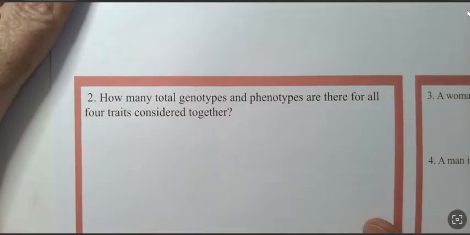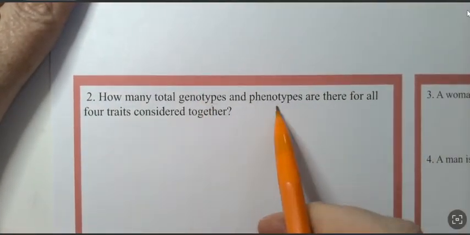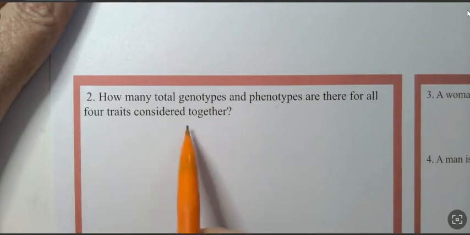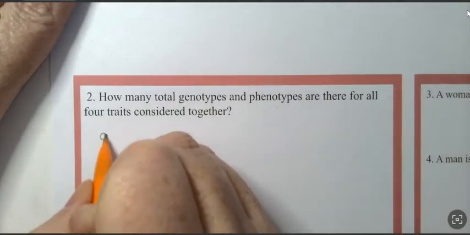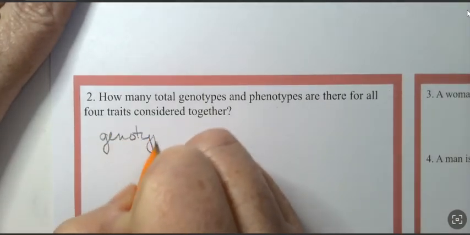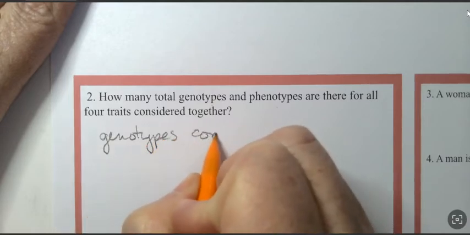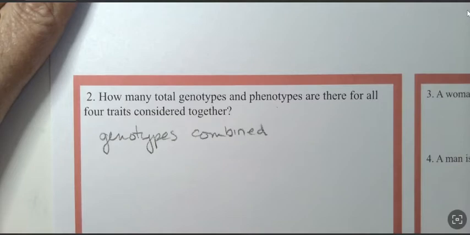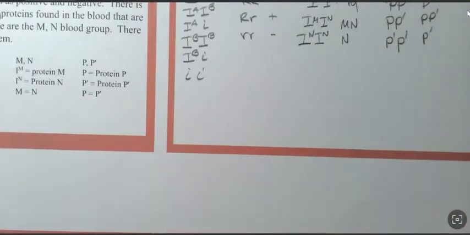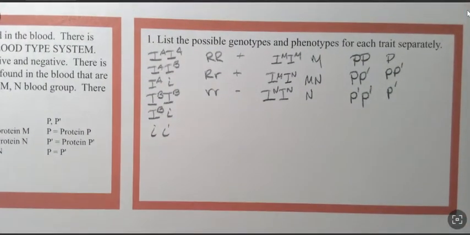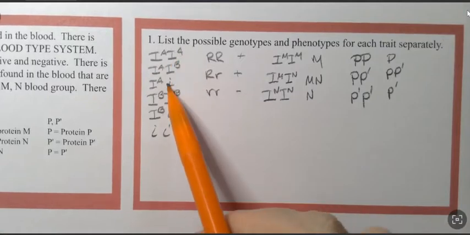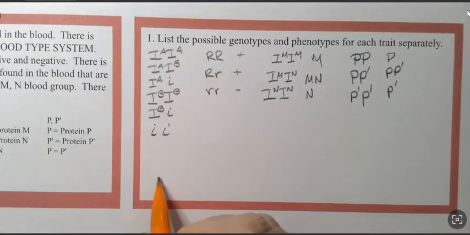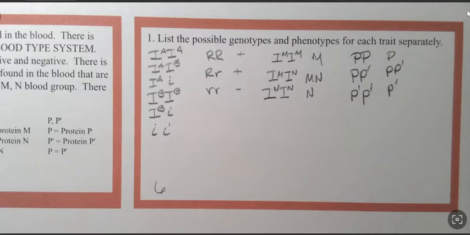How many total genotypes and phenotypes are there for all of the 4 traits considered together? So let's look at our genotypes. Now, if you remember how we figured that out before, okay, 1, 2, 3, 4, 5, 6. We have 6 genotypes here. We had 3, 3, and 3.